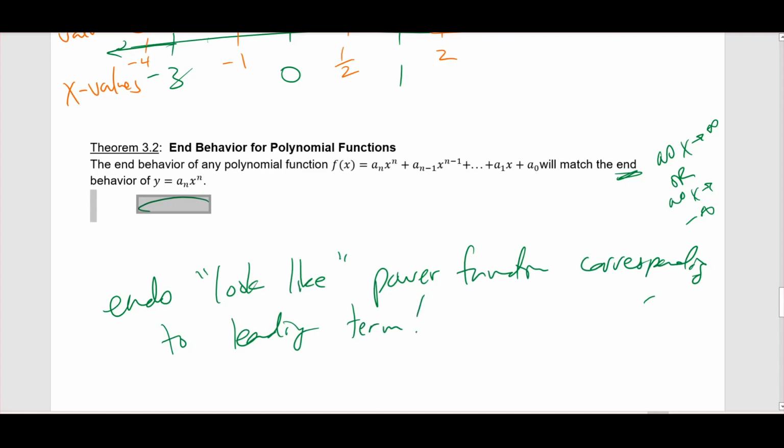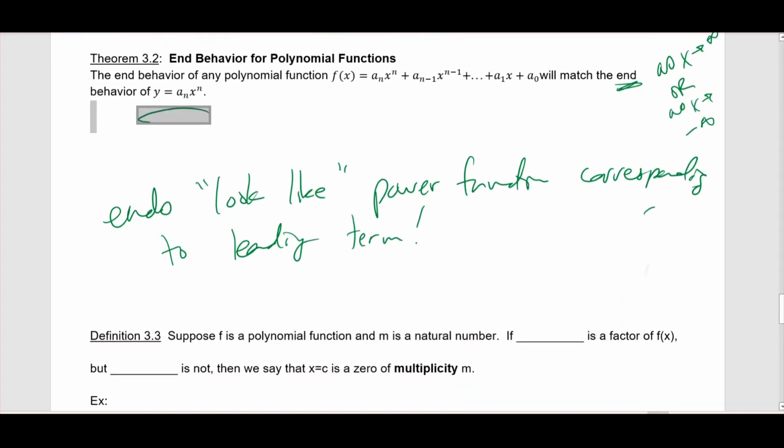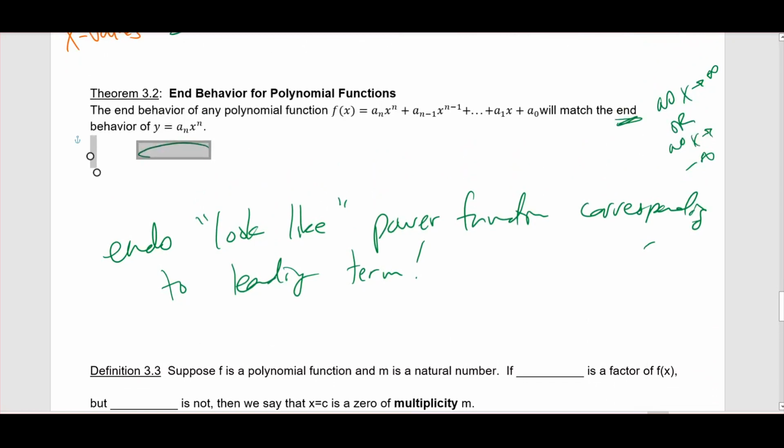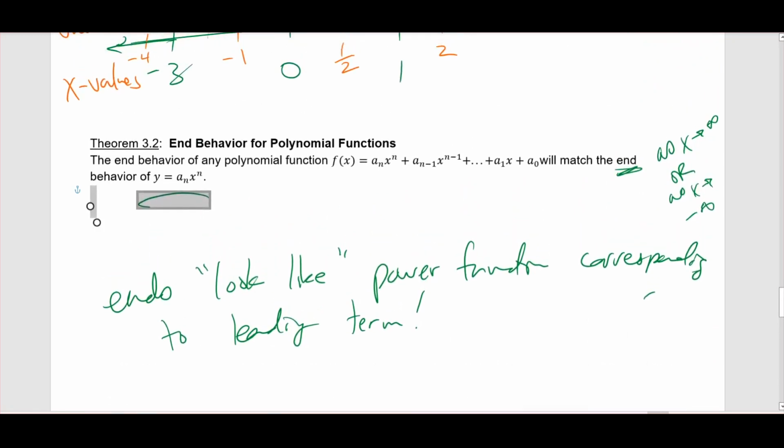And that is a big deal, because we just talked about what power functions are going to do. So go back up and see the end behavior for power functions.